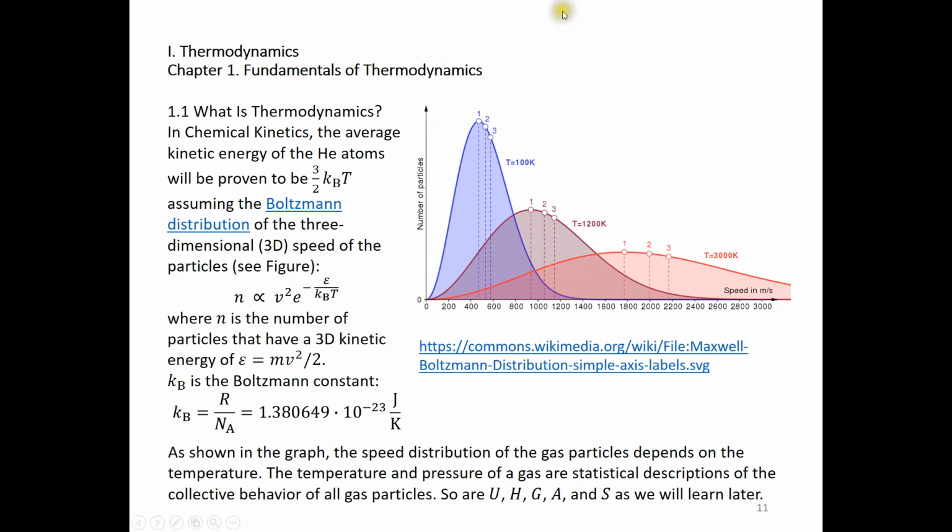So root mean squared speed is over here. It's close to 600 meter per second at this low temperature, 100 Kelvin. When it's 1200 Kelvin, the root mean squared speed goes up. Again, it tells you at a higher temperature, the molecules in general move faster, but they do not have the same speed. There is a distribution of the speed.